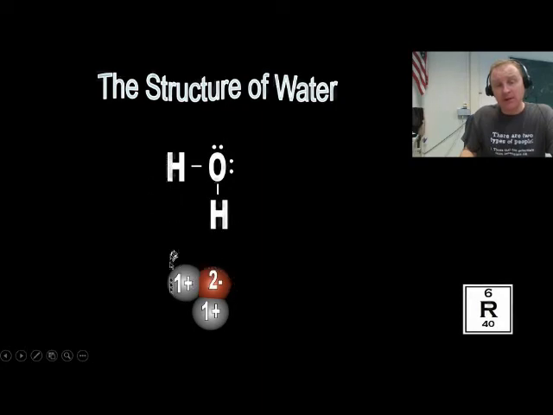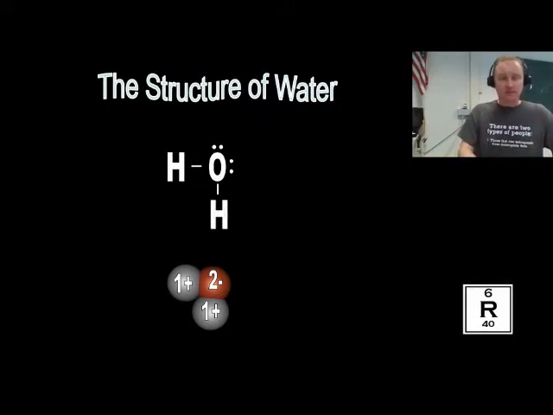So there's a kind of polarity here with the water molecule, where the side with the oxygen is more electronegative, and where the hydrogens are, it's more electropositive. Overall, though, water is not charged. It's not an ion. It's not a cation. It's not an anion. It doesn't have a charge. It just has one side more negative and the other side more positive. But overall, there is no charge to water.